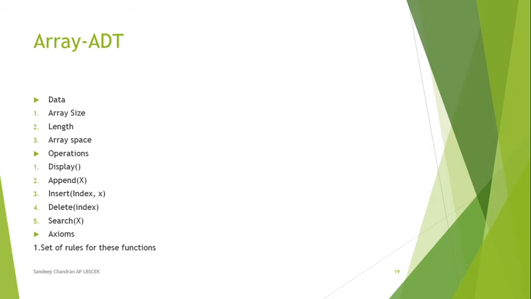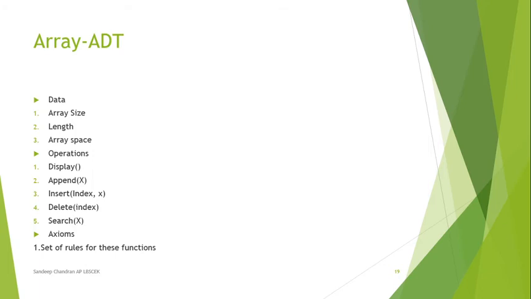What ADT provides is that it just creates a model. It's the same as a class. Suppose I want to create a student class to give information about a student. I will create a model of the student. Similarly, array as a data structure provides a model that it should have all these things, and we have to follow these rules.